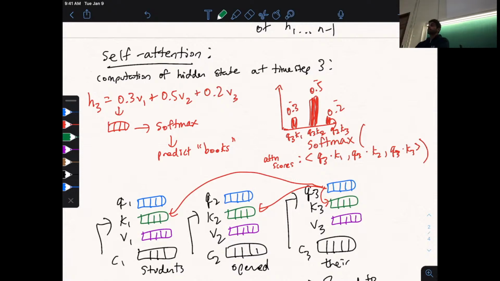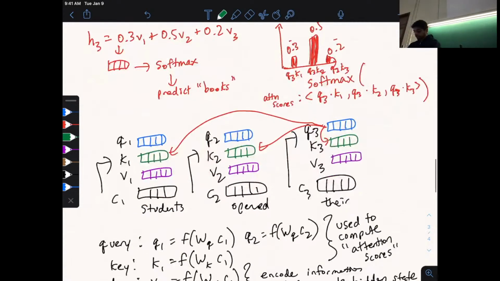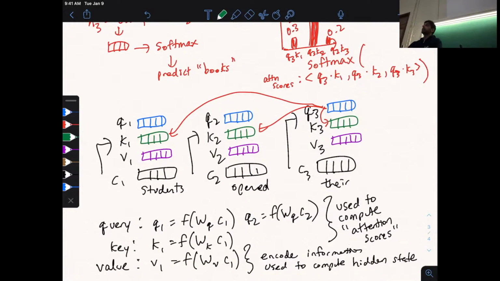Am I right? Yes, so W_Q, W_K, W_V are all learned parameters of the network. So they start out randomly initialized, and then through the gradient descent process, they are updated. The goal is to just make better predictions of the next word, right? Yeah, yes.